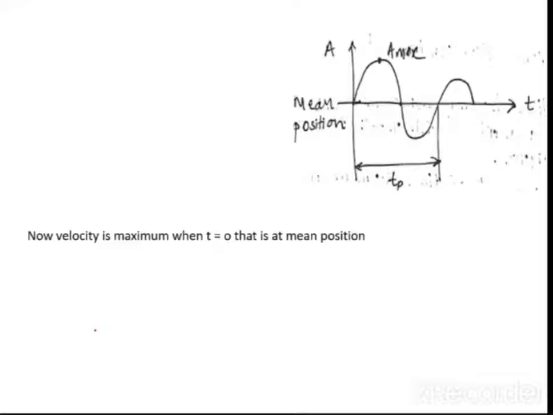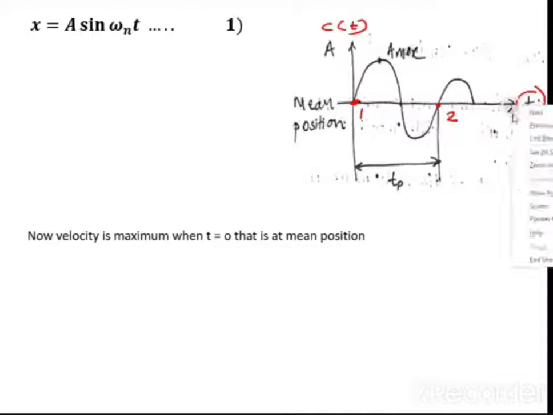Now let us draw a graph. x is equal to A sine omega t. Let us say this is the mean position, and this is A. A is nothing but the output, this is nothing but c of t, output versus time t. Let us say this is point number 1, this is point number 2. Point 1 to 2 is one cycle, and maybe here you will have point number 3.